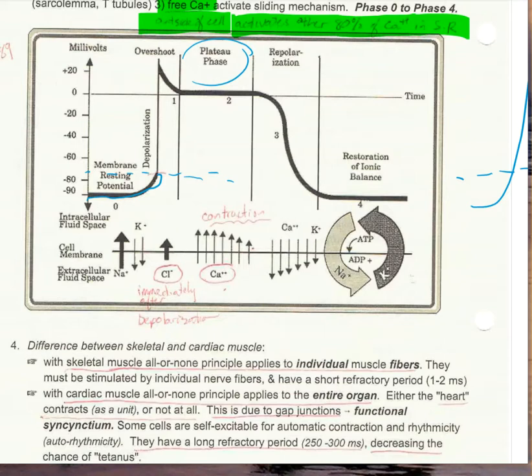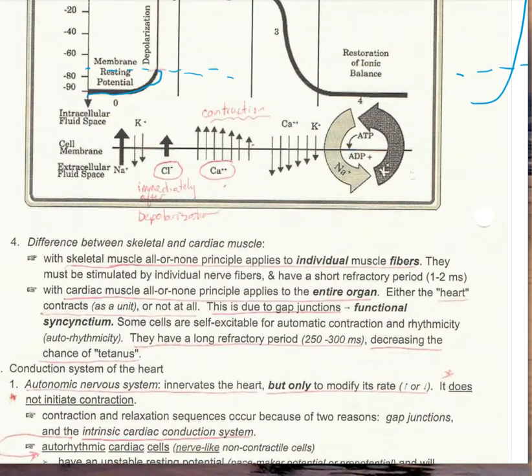So why do we have this plateau and what's different? Well, with skeletal muscle, remember, we had an all or none principle applied to individual muscle fibers, all right? They had to be stimulated. An individual muscle fiber was stimulated and would either twitch fully or not twitch, right?